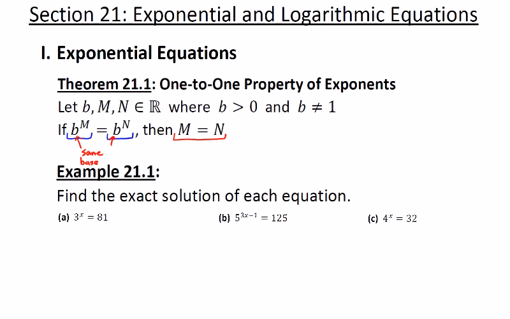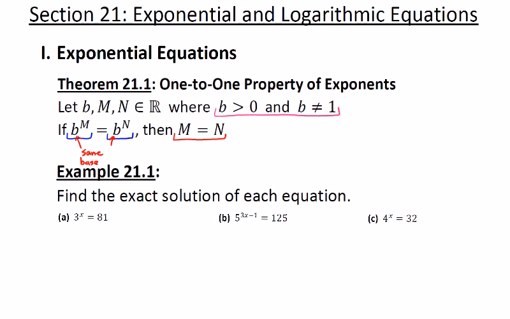Now that may feel like a trivial statement, that if I'm going to say that two things are equal to each other, then that must mean that everything about them is equal to each other. But it is actually a really important concept for us to think about in terms of solving equations, particularly those that are exponential. Now, the rules for this are that number one, your base has to be an acceptable base for exponential.